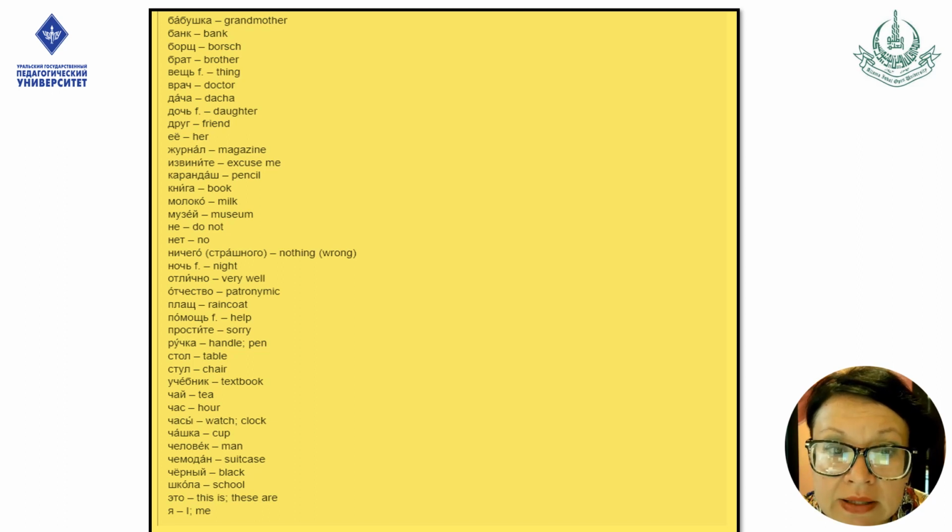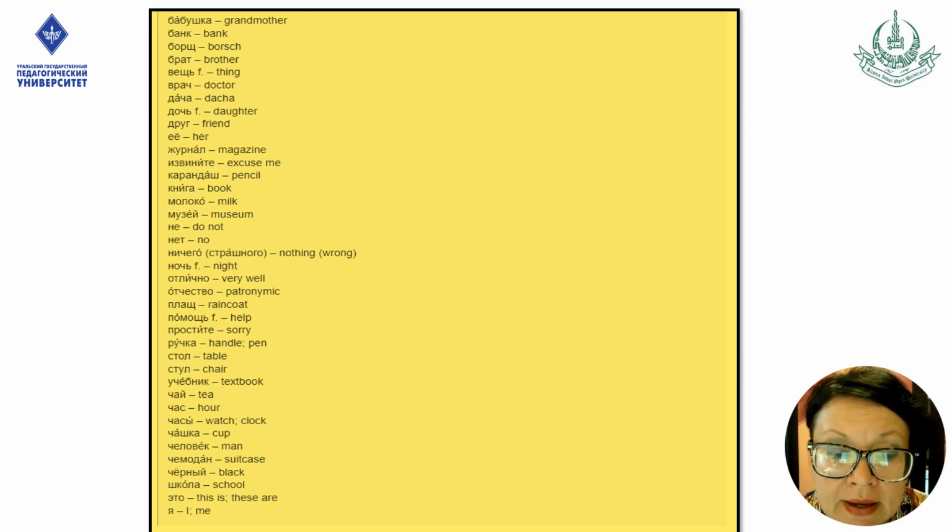Карандаш. Книга. Молоко. Музей. Не, a negative particle, corresponds to English not.